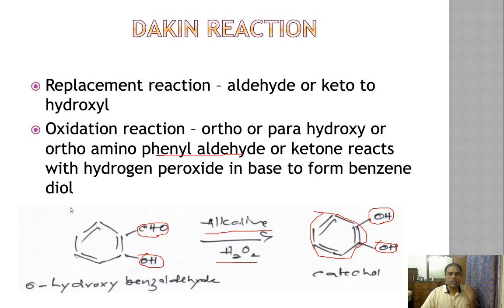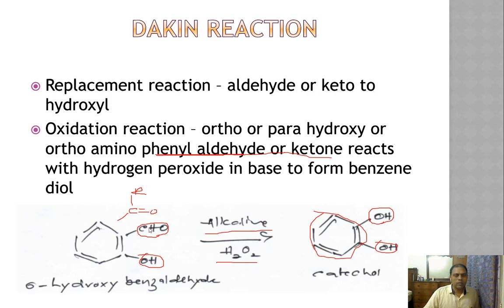So what is the condition here for the initial product? It should be phenyl aldehyde or ketone. Here aldehyde is shown, or it can be even ketone. If it is R over here instead of H, then it is a ketone.